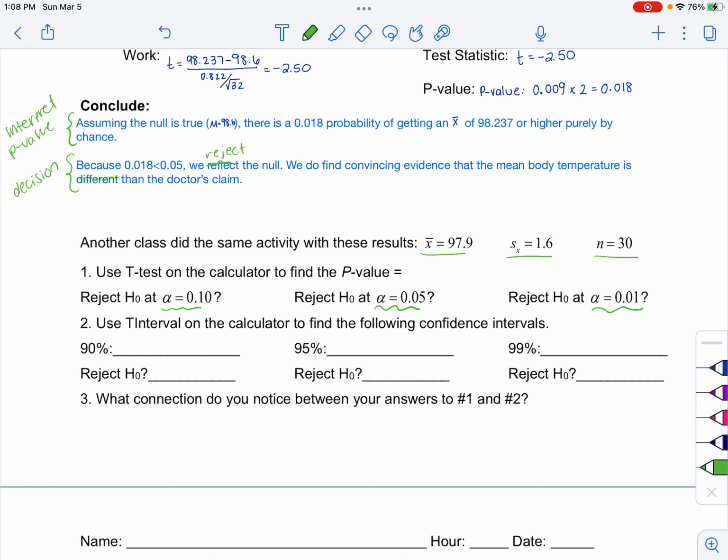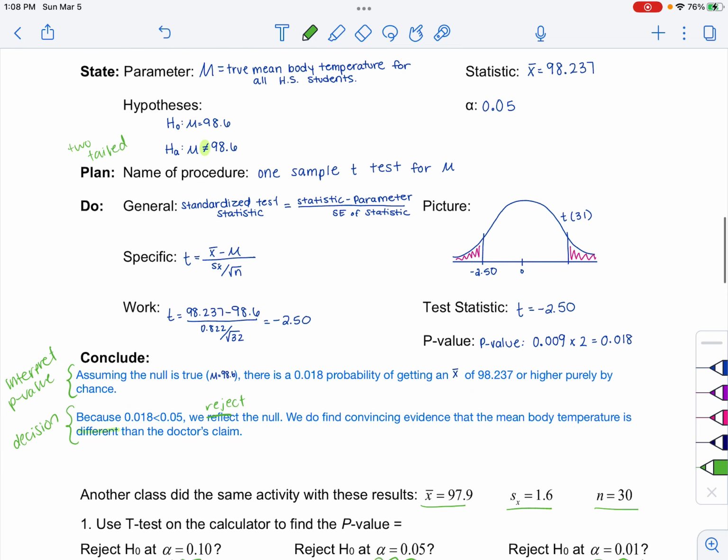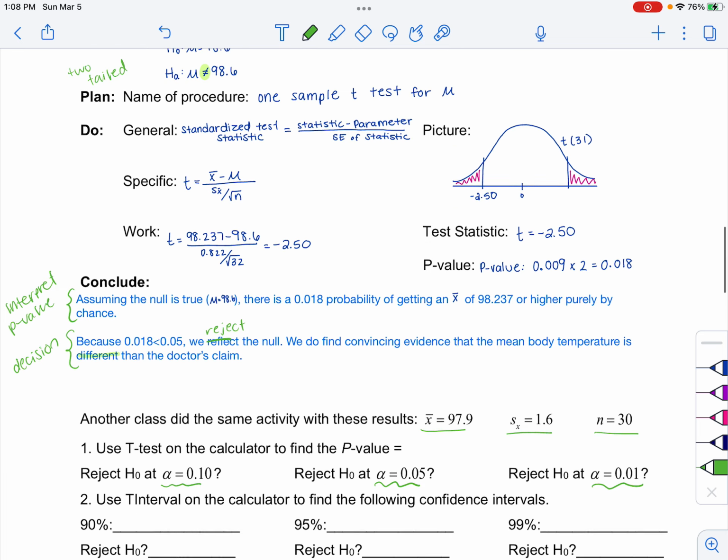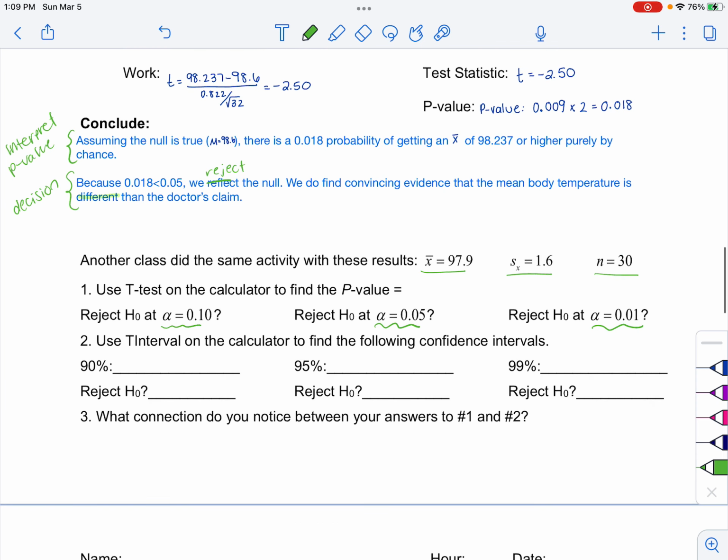The mu sub 0 is going to be 98.6. X bar for this other class sample is 97.9. The standard deviation is 1.6, and the sample size is 30.